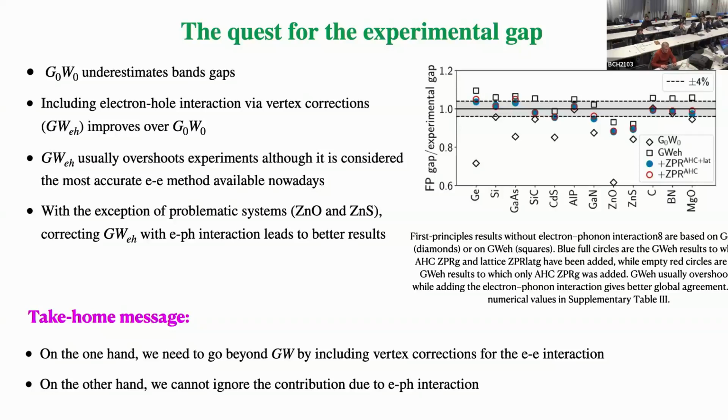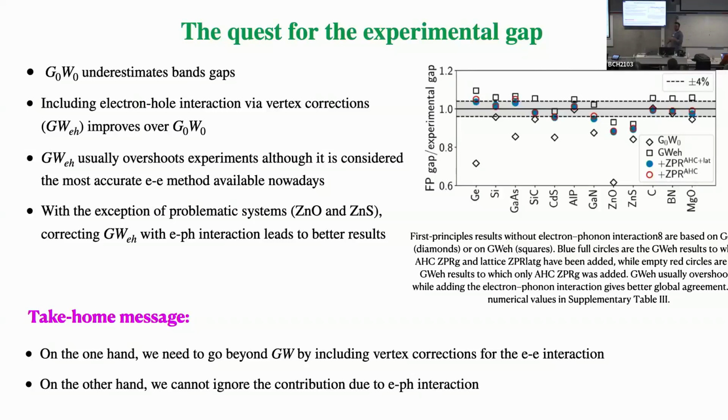And these calculations are even more demanding than GW, the electron phonon. You are talking about this GWEH? Yeah, GWEH. GWEH is electron hole? Electron hole, yeah, it means a vertex correction in W to account for electron hole interaction. And then on top of this GW electron hole, we take into account the electron phonon self-energy.